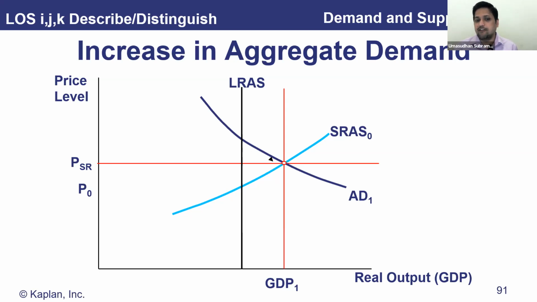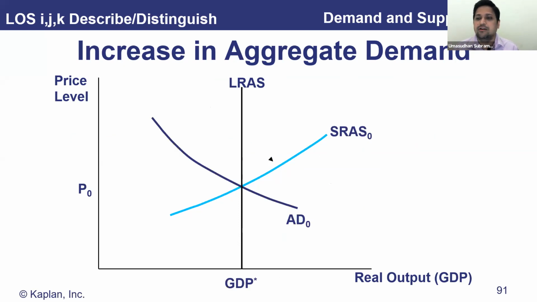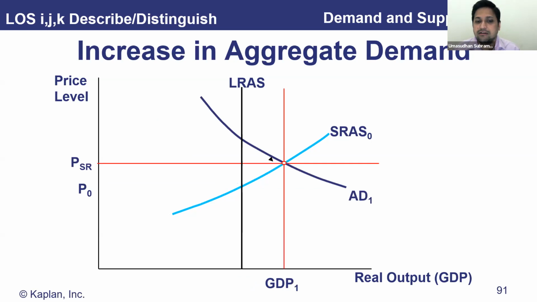You are exactly right. So look at that. But you have to remember something: there is something changing. It's not like you're back at the status quo. You're back where you were, but what happened to your prices? When the aggregate demand increased, your short-run aggregate supply adjusted, your prices increased.